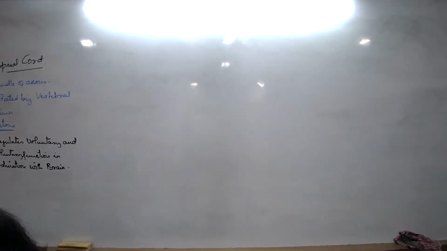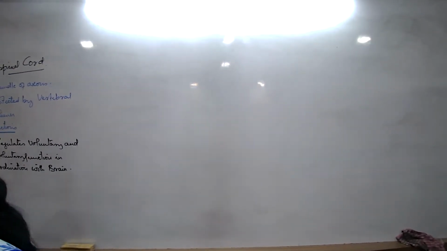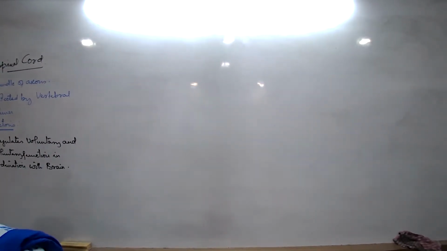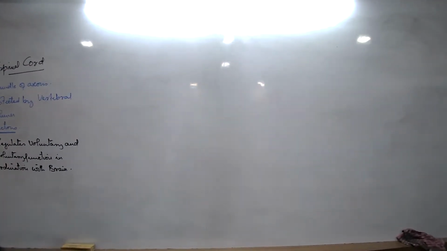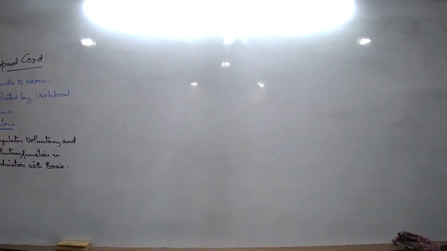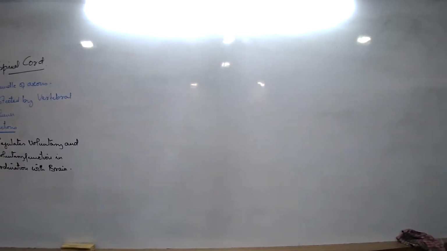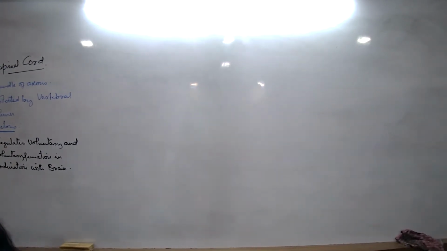Now, when we are talking about the voluntary and the involuntary conditions, what is meant by a voluntary function? What is this spinal cord doing in our body? The spinal cord can control a variety of voluntary functions, but in coordination with the brain.